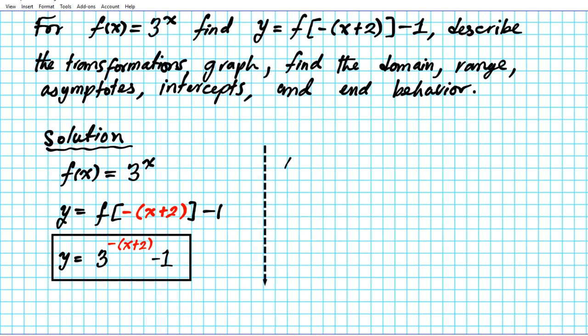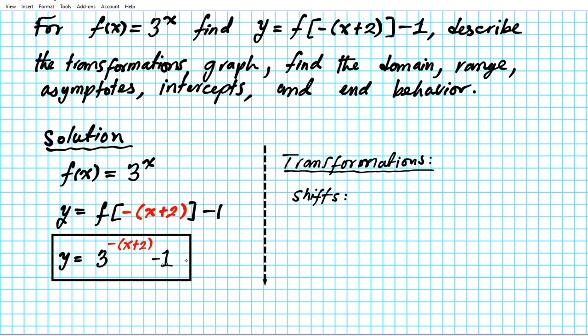Alright, so our transformations are as follows. Transformations. Alright, let's start with the shifts. What kind of shifts do we have in this function?